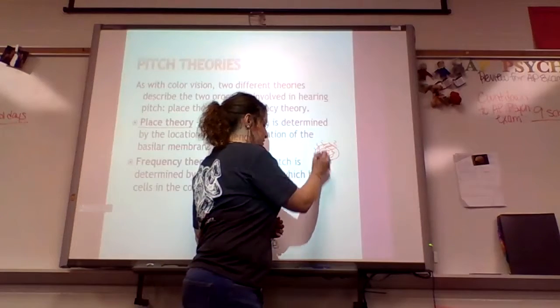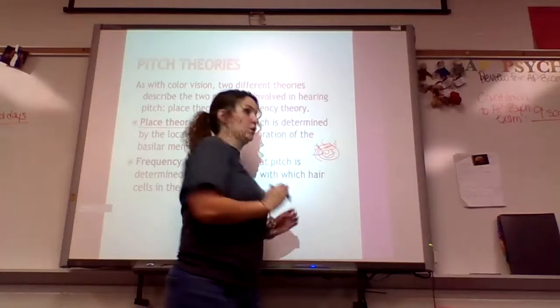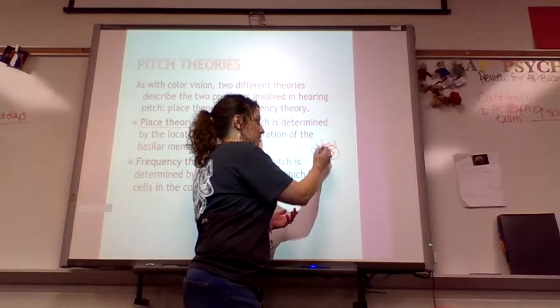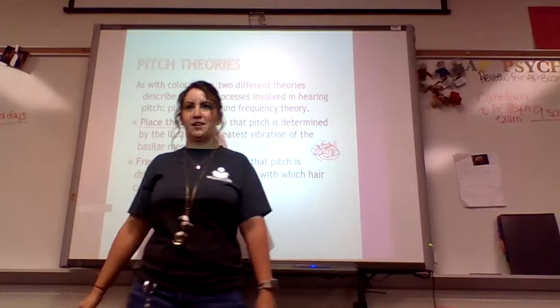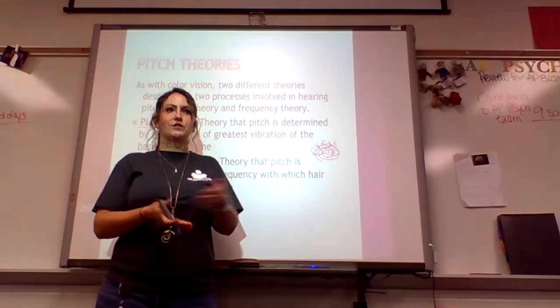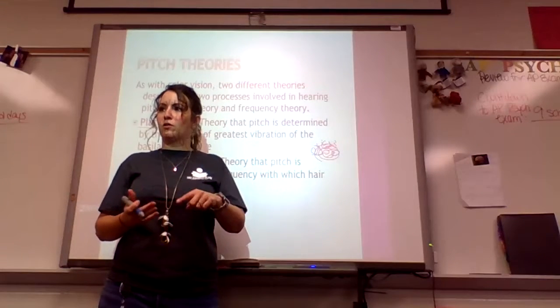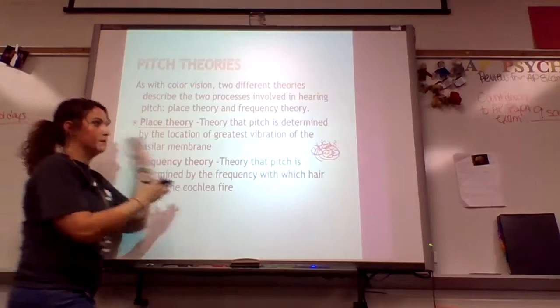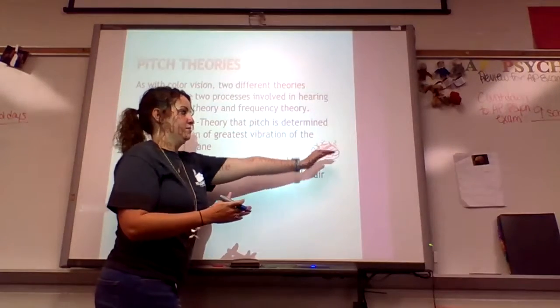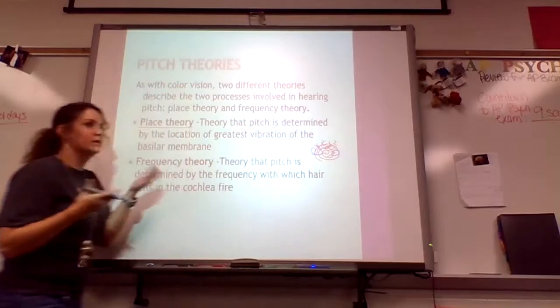Like this place over here is for low pitches, this is for medium pitches, and this is for high pitches. Different places on the cochlea are assigned different pitches. That's place theory, because the place is what determines pitch.